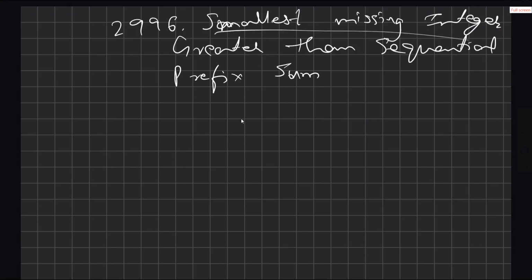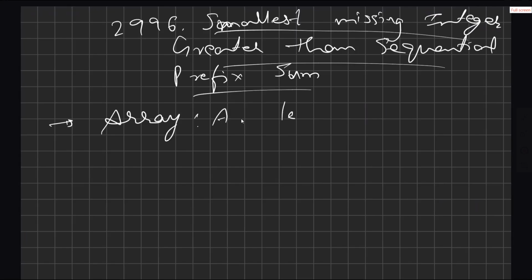Okay, so this is the problem statement. What they're saying is you are given an array, let's call it A, whose length is n.